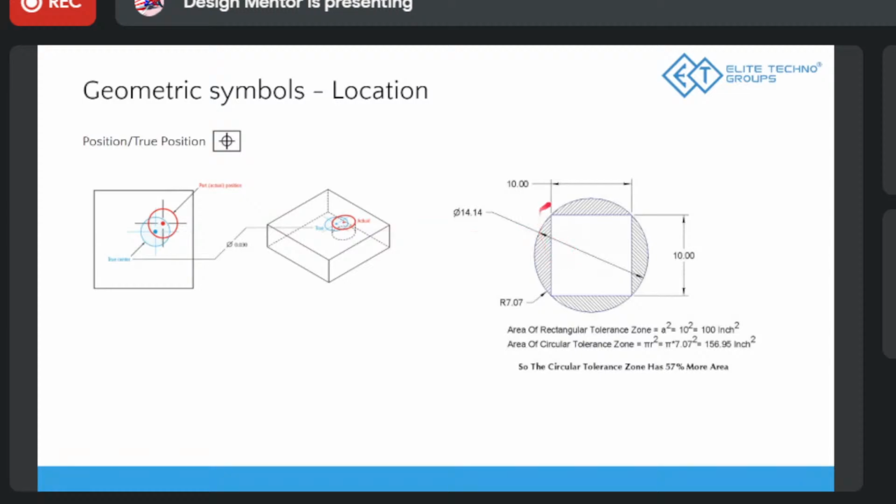So why we started with this circular positioning system: first we had the square tolerance, right?